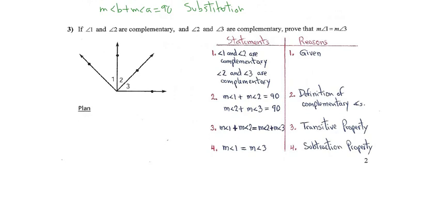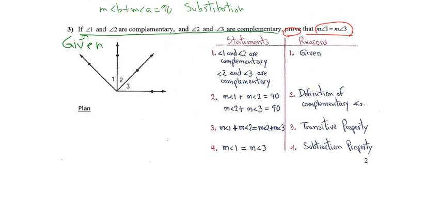So we have this part, which I'm putting in green. This would be the information that is given to us. It doesn't say given, but that is what's given to us. And the proof statement is here. We have to prove that the measure of angle 1 is equal to the measure of angle 3.